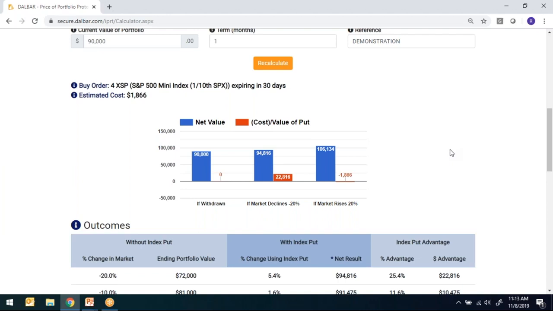And on the flip side of that, if the market rose 20%, the value of the portfolio would increase from $90,000 to $106,134, and that includes the cost, the premium, so to speak, that was paid. That's the $1,866 that the investor paid for the 4 put contracts.